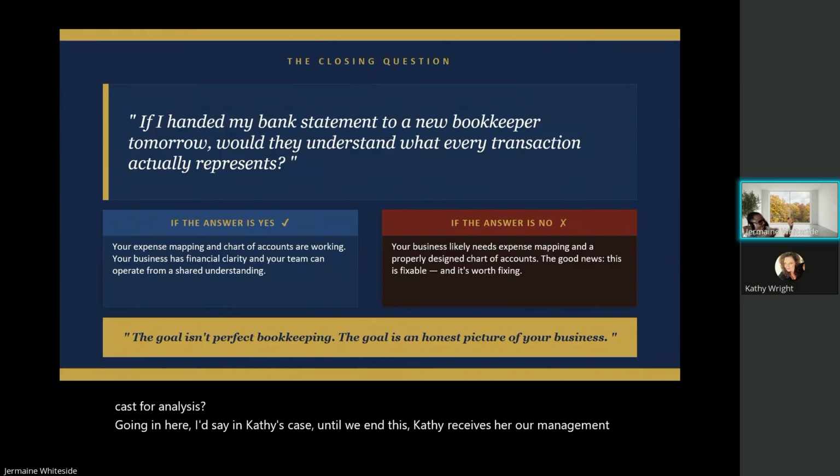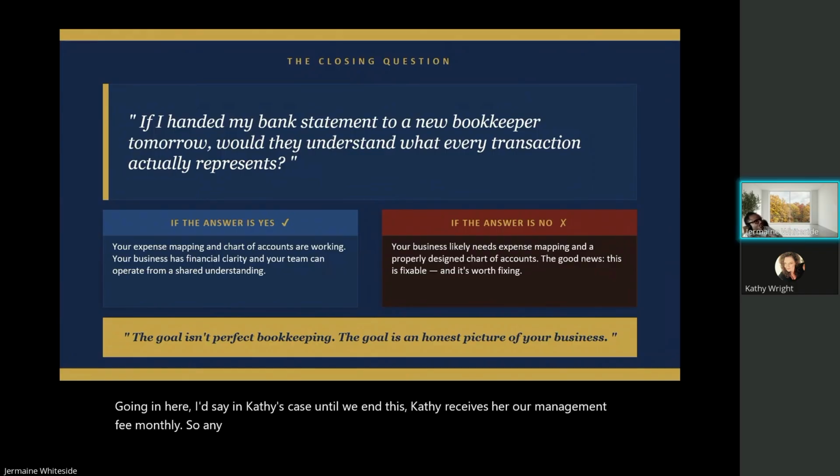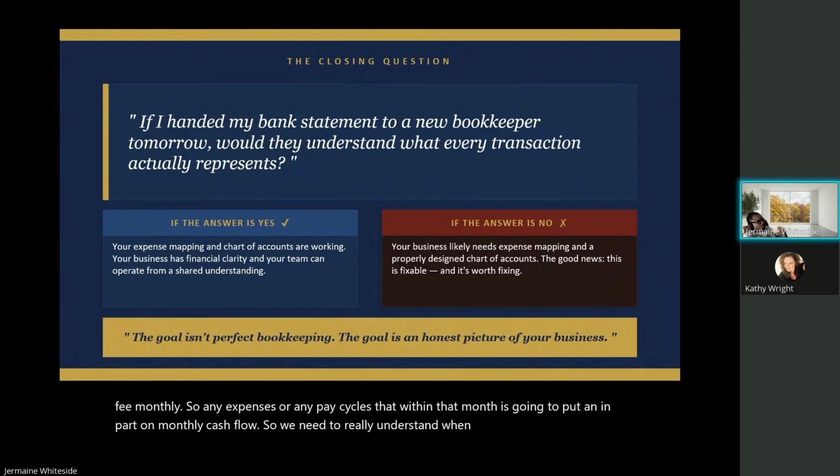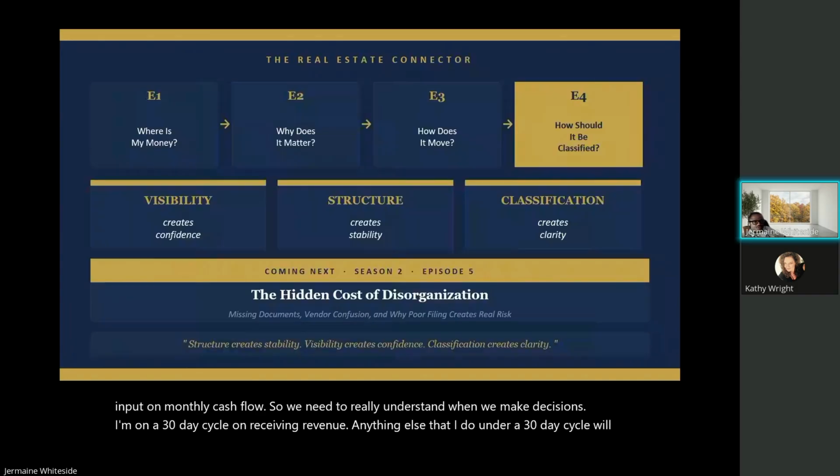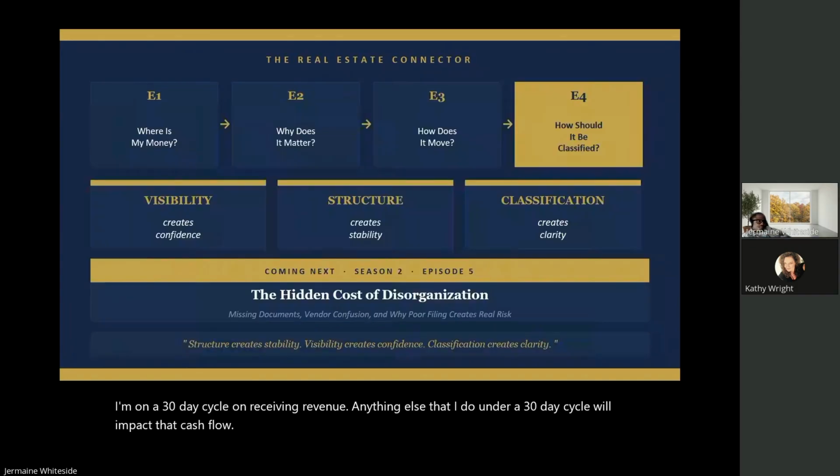So any expenses or pay cycles within that month are going to have an impact on monthly cash flow. So we need to really understand that when we make decisions. I'm on a 30-day cycle on receiving revenue. Anything else that I do under a 30-day cycle will impact that cash flow. Yeah, exactly.